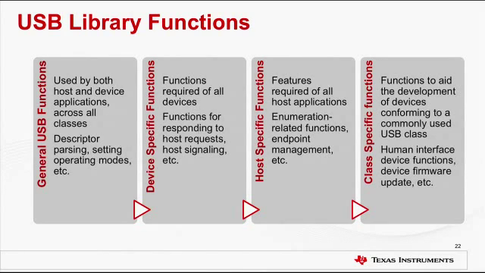These include functions to parse USB descriptors and set the operating mode of the application. Device-specific functions providing the class-independent features required by all USB device applications, such as host connection signaling and responding to standard descriptor requests. Host-specific functions providing class-independent features required by all USB host applications, such as device detection and enumeration and endpoint management.